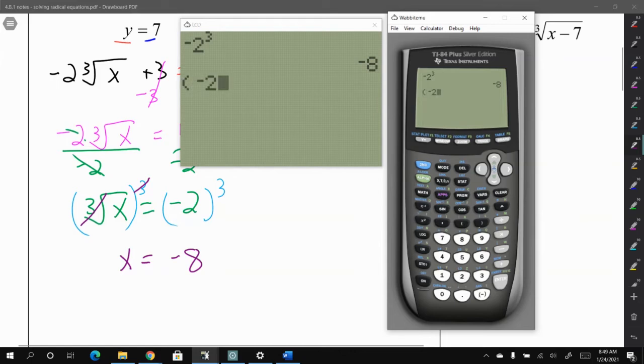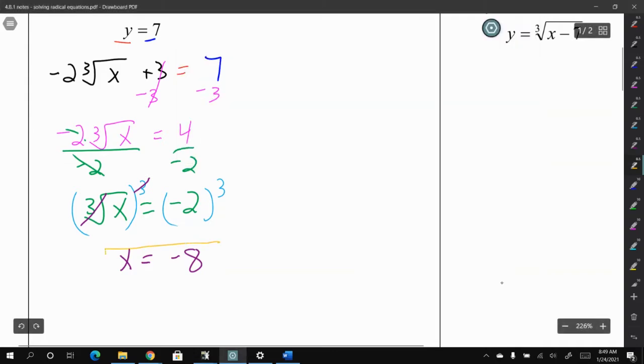So we have negative 2 to the third power, and we still get negative 8. The reason I'm bringing this up is because if you were to have an exponent that was even, like a second power or a fourth power, and you don't have those parentheses, you will get the wrong answer. So our answer here is x equals negative 8.